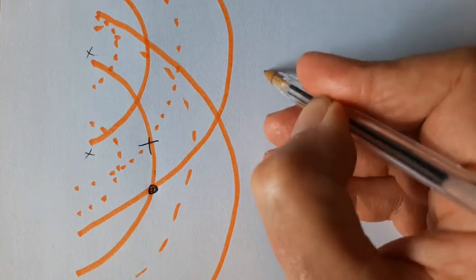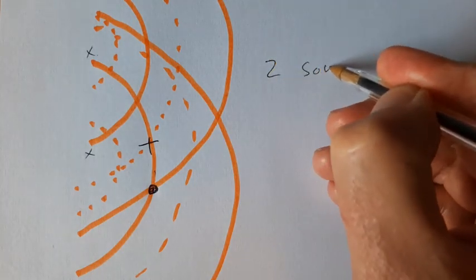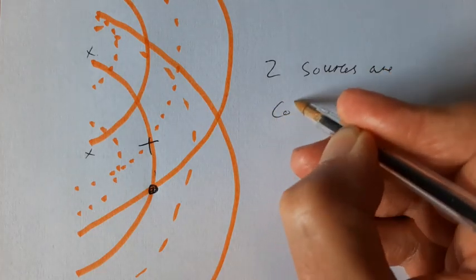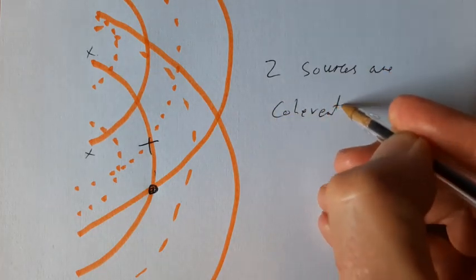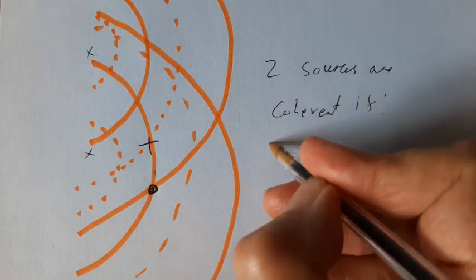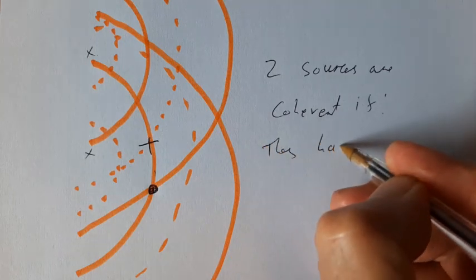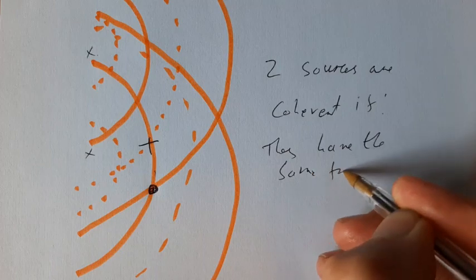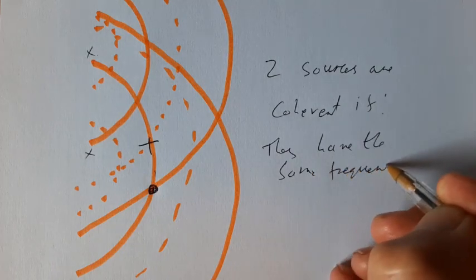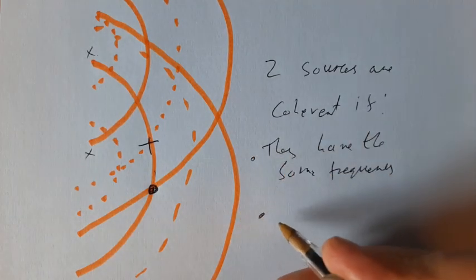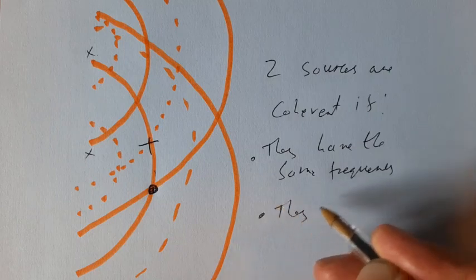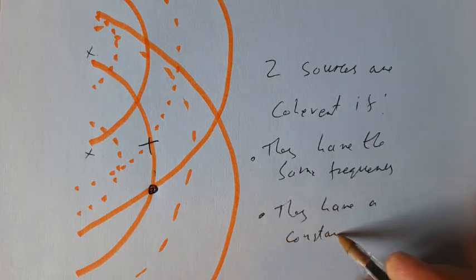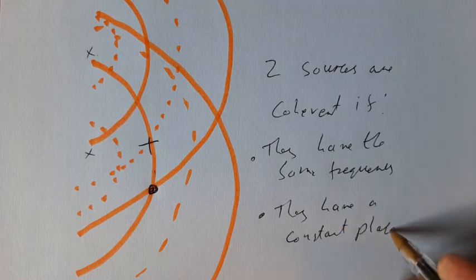So two sources are coherent if they have the same frequency and they have a constant phase relationship.